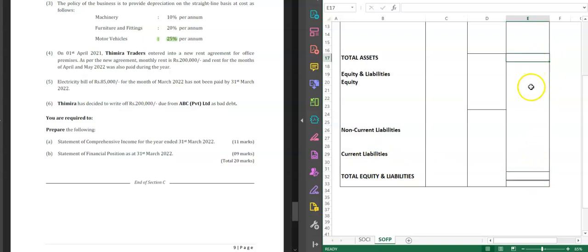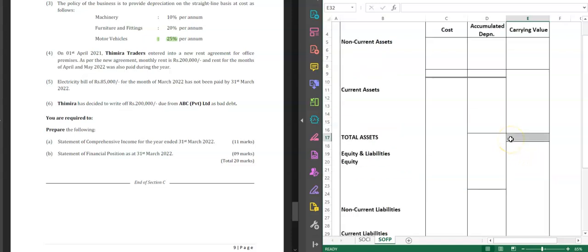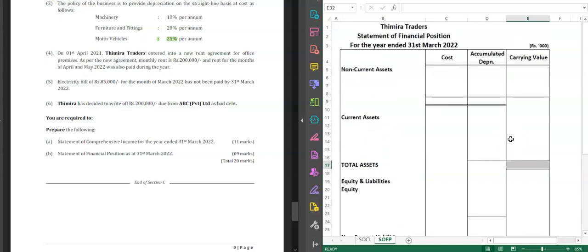This total assets and this total equity and liabilities should be the same value. That is very important. If it is not the same value, then your financial position is wrong. Somewhere you have made a mistake. So let us see how to do this.